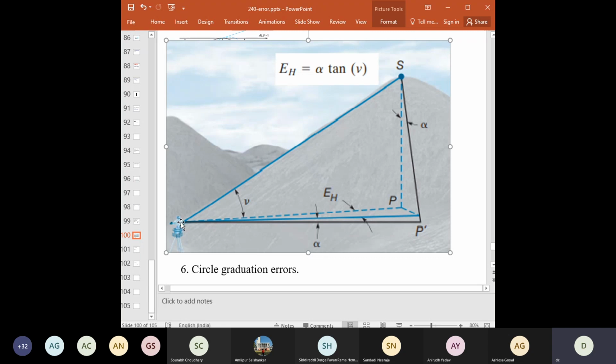So by geometry, this line of sight between the instrument and this point S should be projected to SP, and this will be the actual triangle. But because of the misalignment, I have the SP dash, which is because of the misaligned or misleveled instrument. So the angle between the two lines becomes alpha.